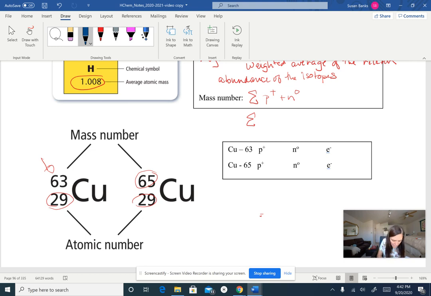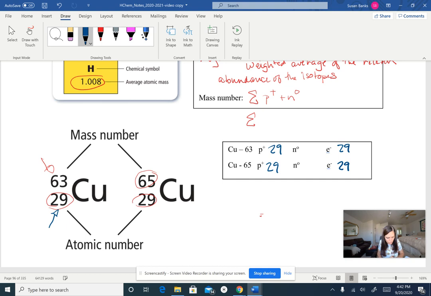They both have 29 protons because remember, the proton number is the atomic number. And if they're a neutral atom, they're both going to have the same number of electrons as well.